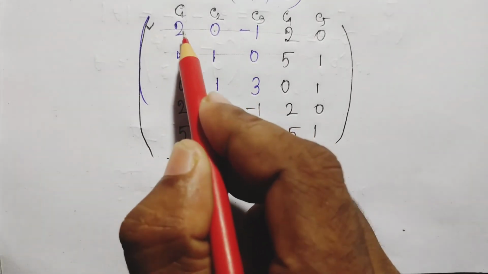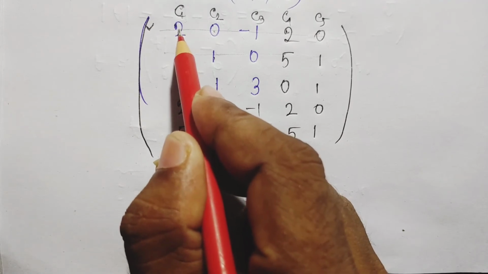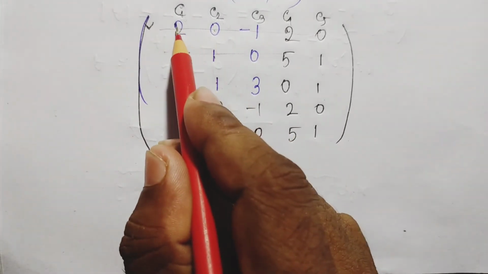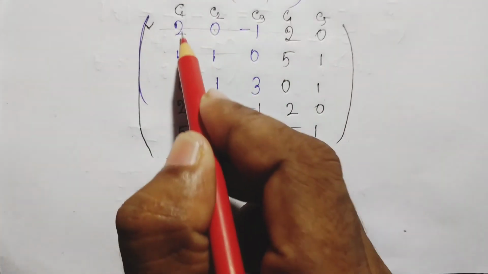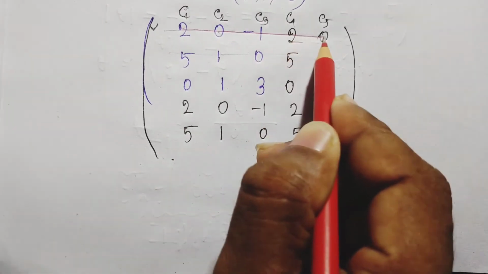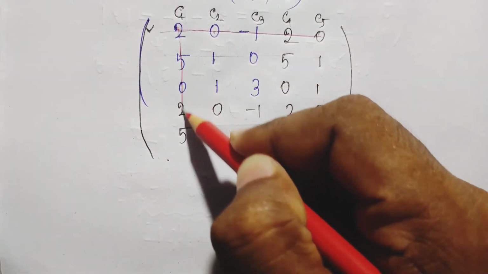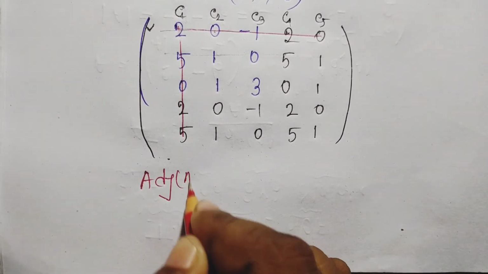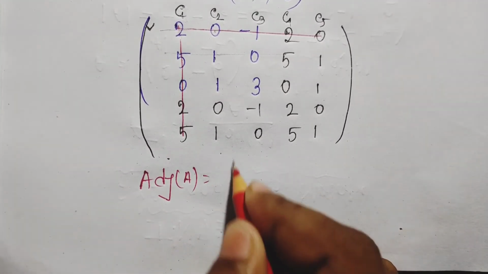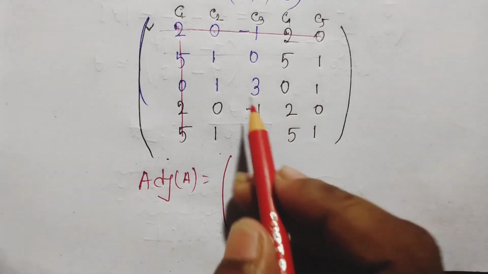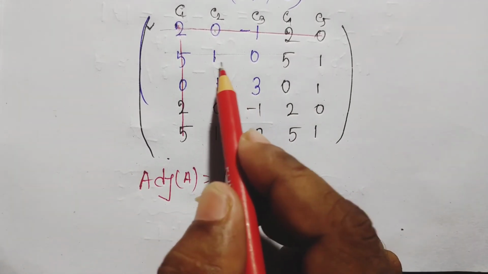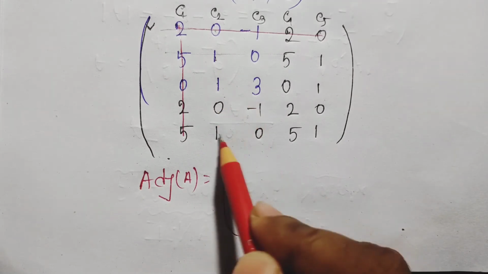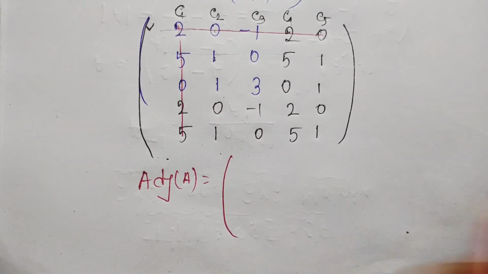Now you have to cancel out the first row and the first column fully. So cancel out this first row and first column. Now we have to write the adjoint A. We have to do the operation according to column, but we have to write according to row.